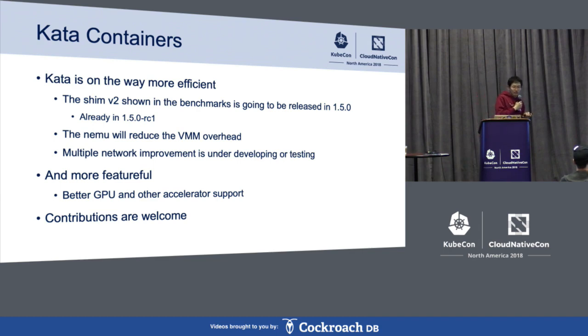We are also thinking about Firecracker, and we will have multiple networking improvements, and better GPU and other accelerator support. Right now we are a pretty mature project, but contributions are very welcome. We are now an open project.